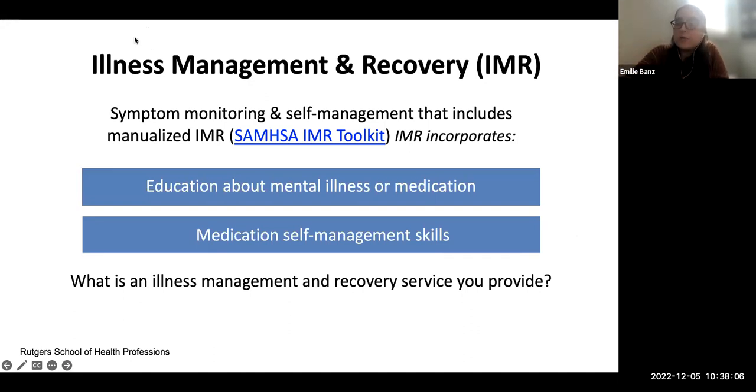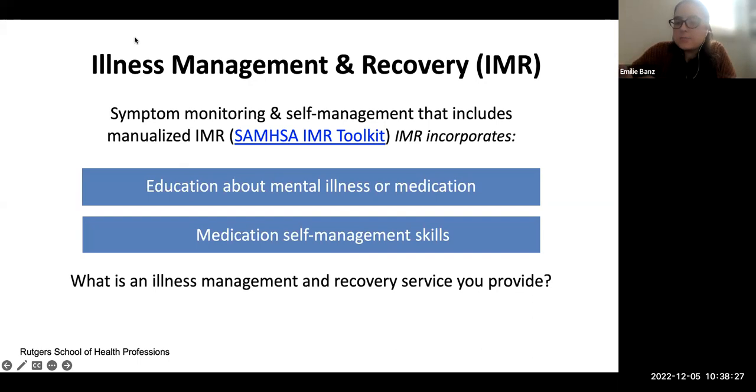So when you meet with somebody and maybe their goal is around physical health, and you're providing them information on nutrition, or on their high cholesterol or diabetes, you're actually using illness management and recovery.